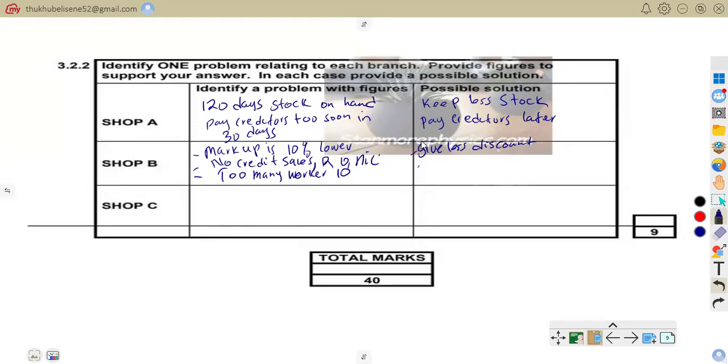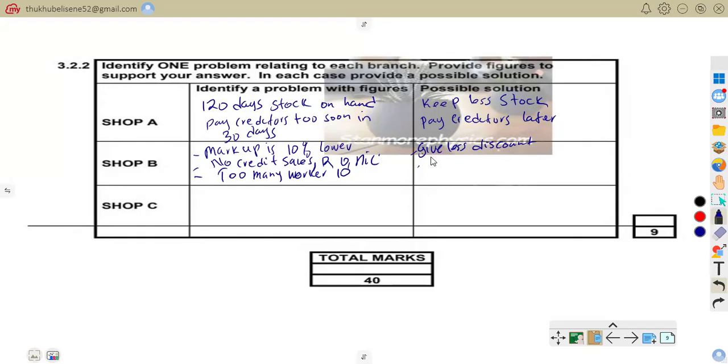The other solution on shop B is for workers to take turns in coming to work. Because now you have so many workers, it means salaries are going to be too high, and that is a problem. So how do you solve that problem?